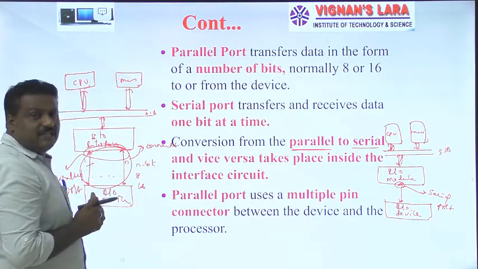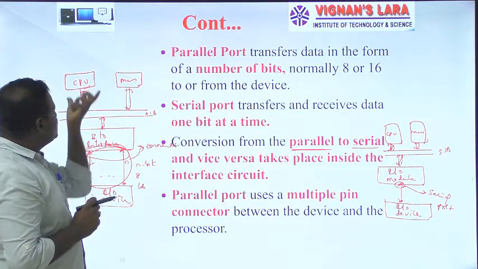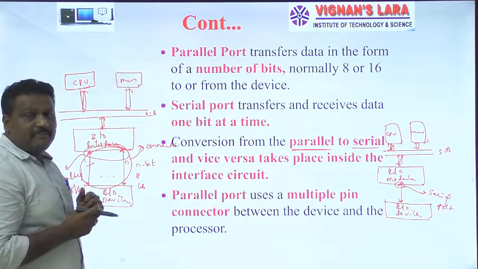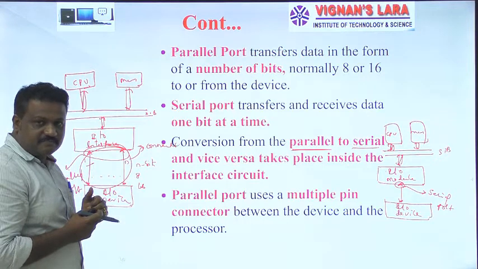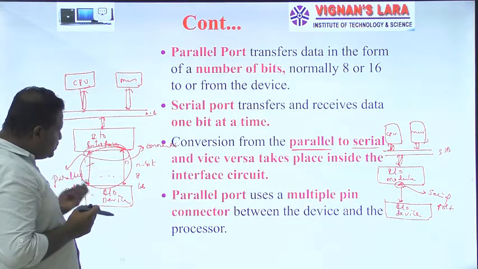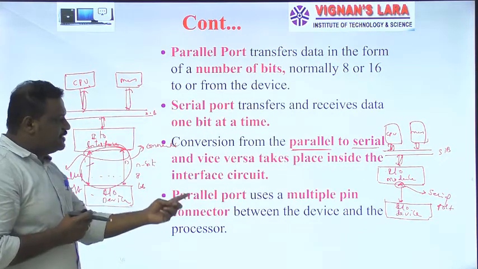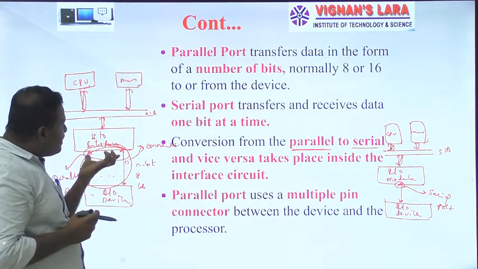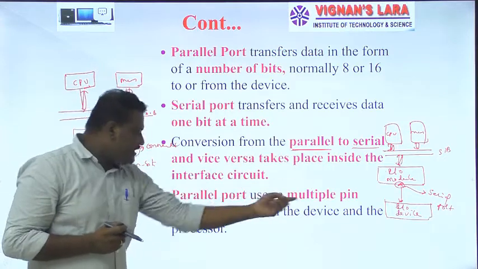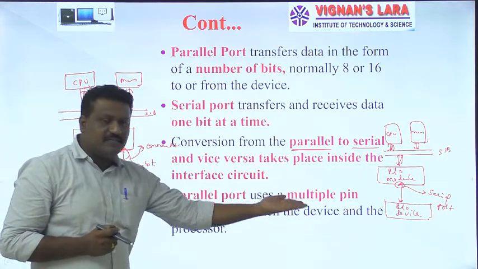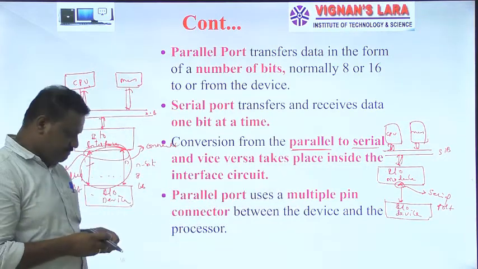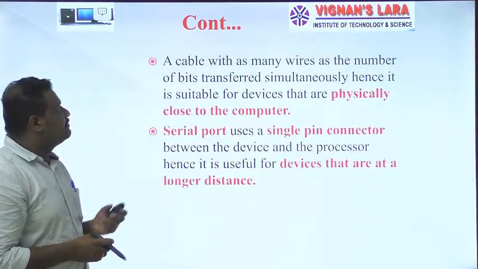With the help of these multiple pins, your I/O device can communicate with the CPU with the help of the I/O interface. So this whole thing we can call a connector. The connector has multiple pins, so the parallel port uses a multiple pin connector between the device and the processor. That is the meaning of this.